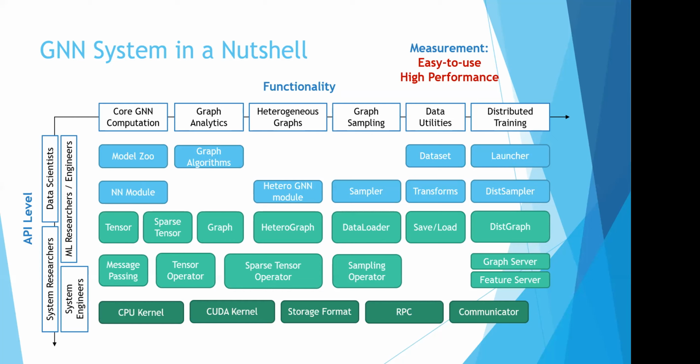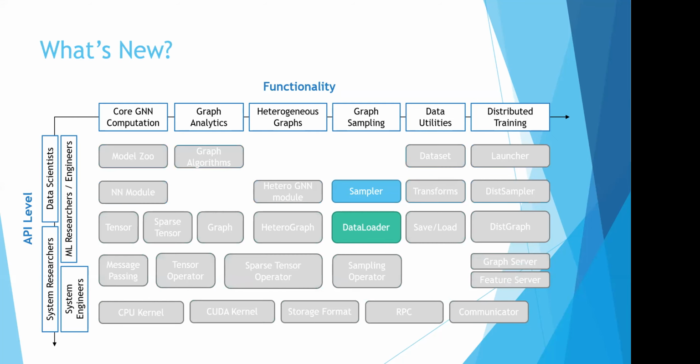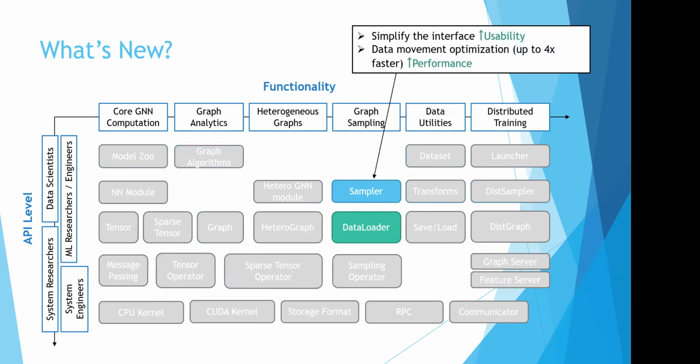Okay, so now we have essentially a map, like a world map, and we can highlight on this map the new components we have delivered in the recent few months. For example, the first one is the sampler part.